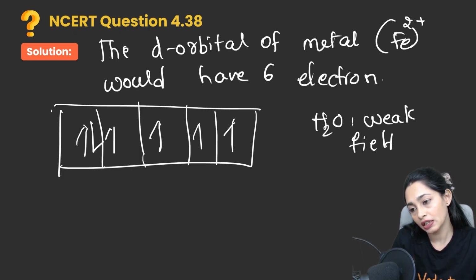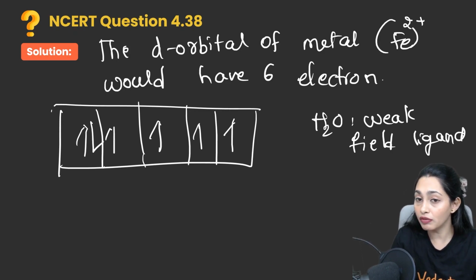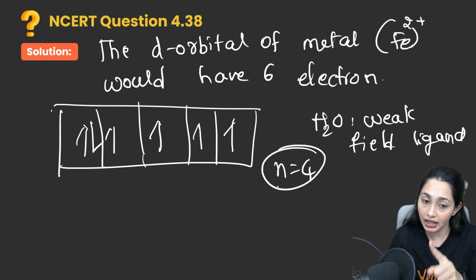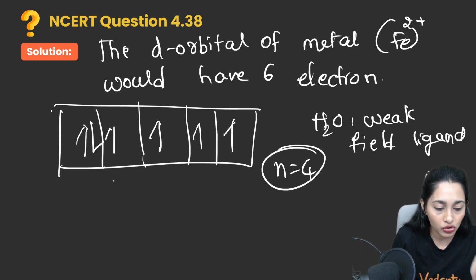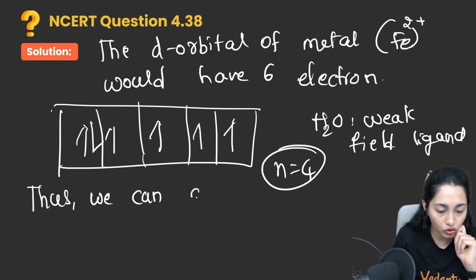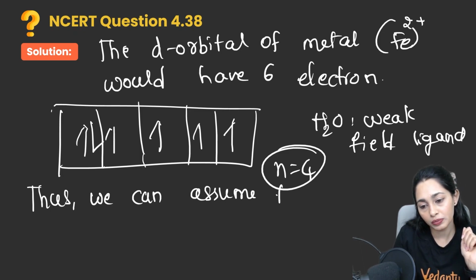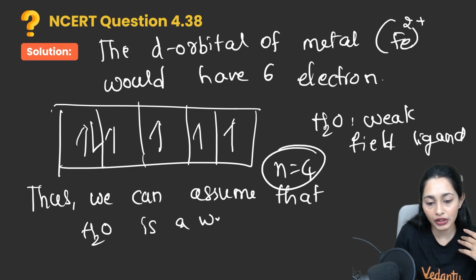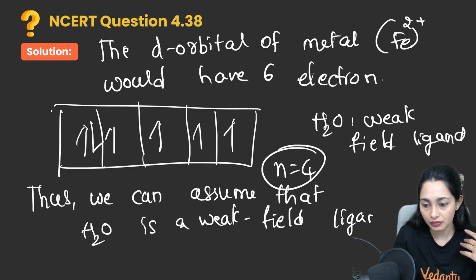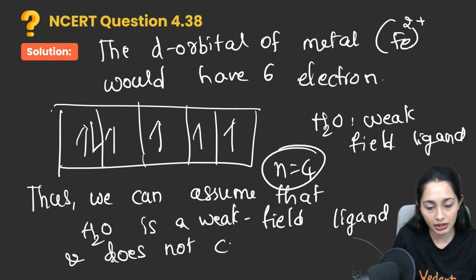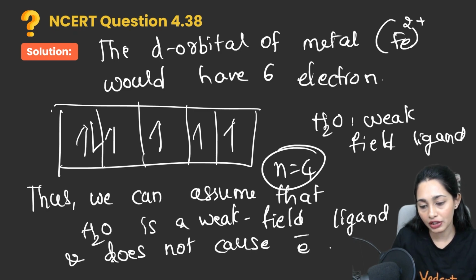Weak field ligand. And by the value of the magnetic moment, we have deduced that the closest value of n is 4. So thus we can deduce that H2O is a weak field ligand, and does not cause pairing up, does not cause electron pairing.